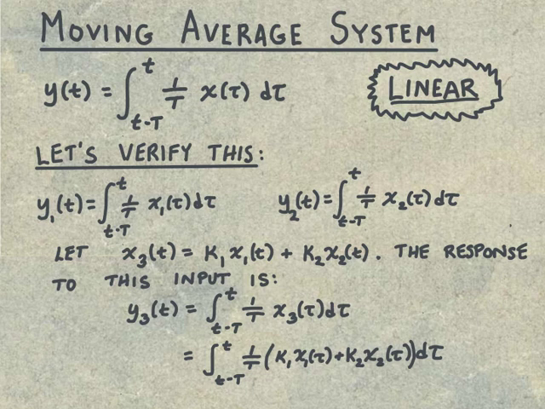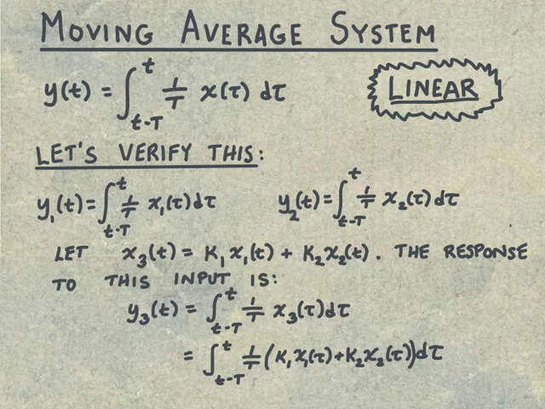We'll proceed in exactly the same fashion as we did for the water bucket system. So we'll look at two different inputs, x1 and x2, and find the response of the moving average system to these inputs. We'll label these y1 and y2. And then we'll come up with a new input, x3, which is k1 times x1 plus k2 times x2.